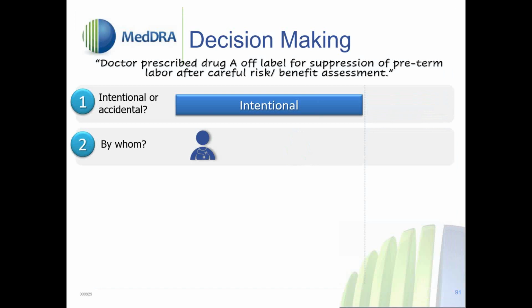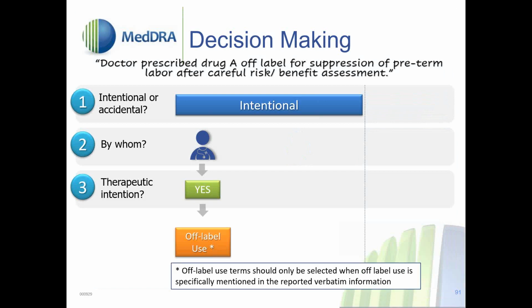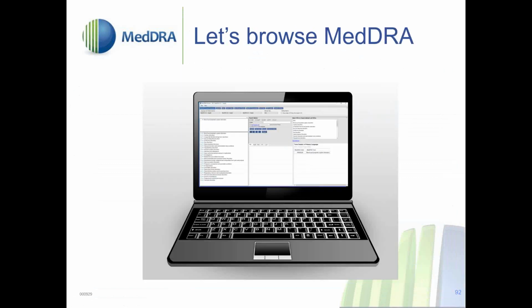It was a conscious decision by a doctor for therapeutic intention, so off-label use. And we are told that it's off-label use. So we have the information that it is not covered by the local label. It's specifically mentioned. So that's why we can classify this incident as an off-label use.